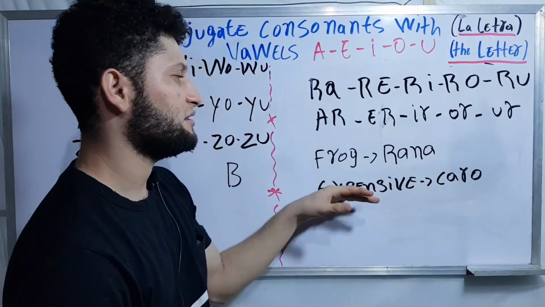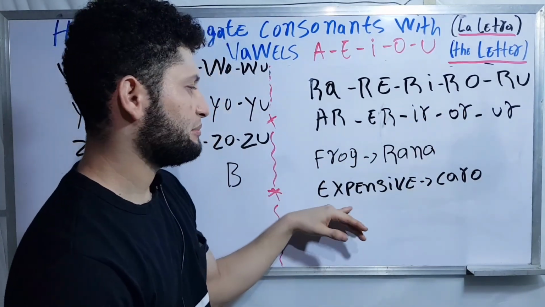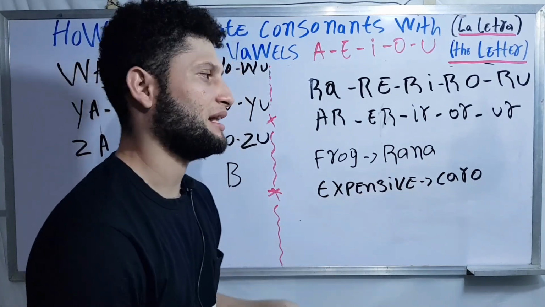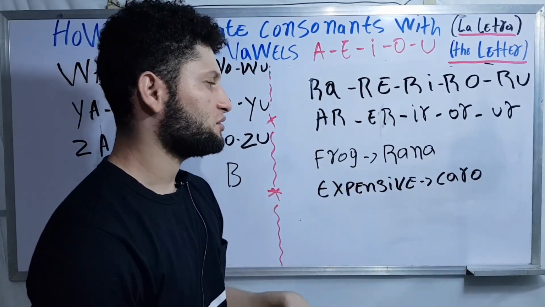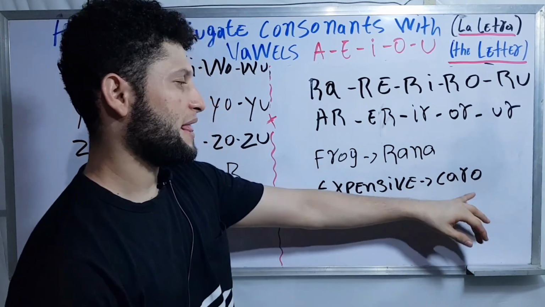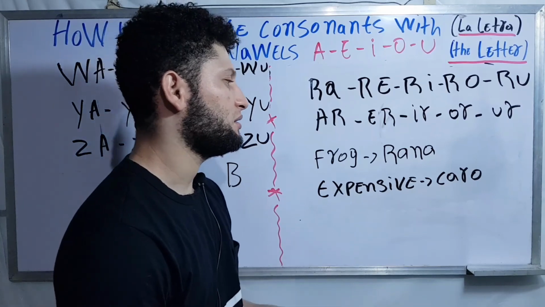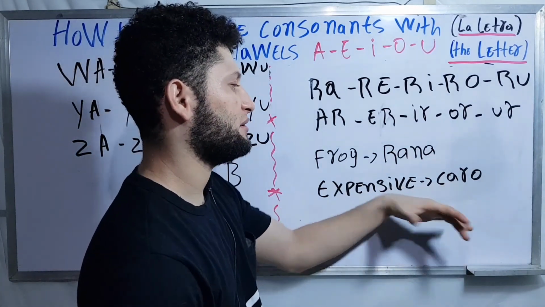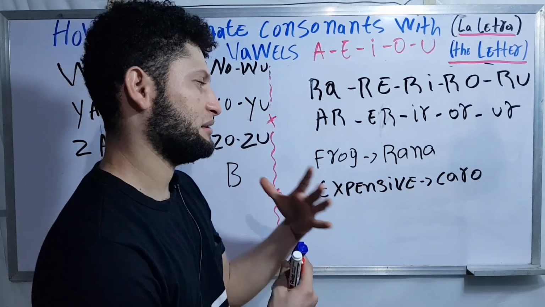In this case, it doesn't sound like ra, re, ri, ro, ru. I bring this example because it is the matter that I'll try to explain to you.